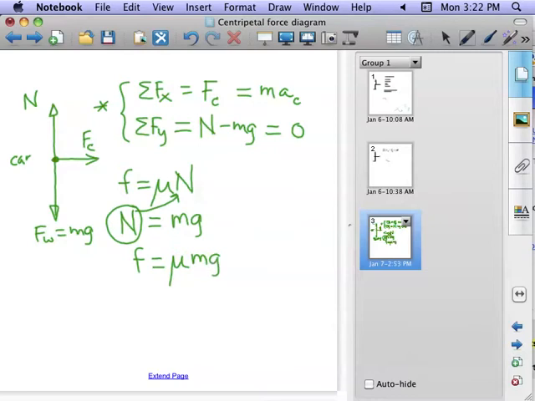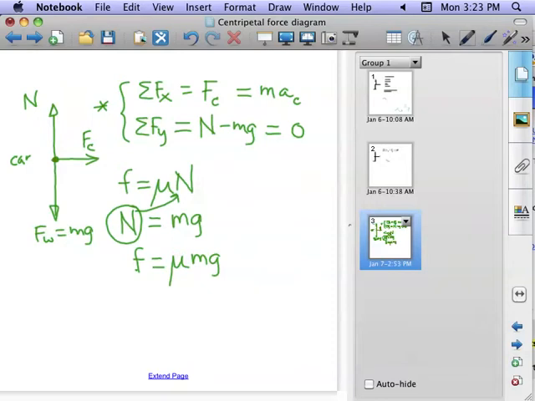And then we will proceed to show that F, which is the friction, is going to be or is not going to be sufficient, depending on what the situation is. If it's on ice, it's not going to be sufficient, probably. If it's on loose gravel, it won't be sufficient, probably, to keep the car on the road.